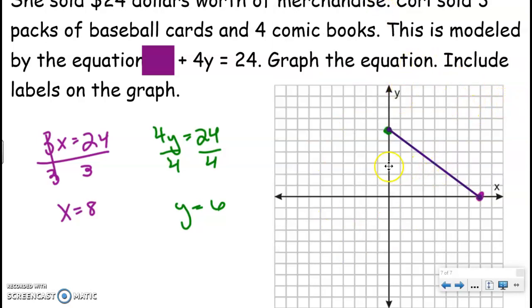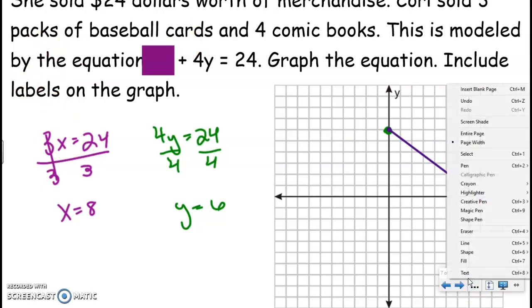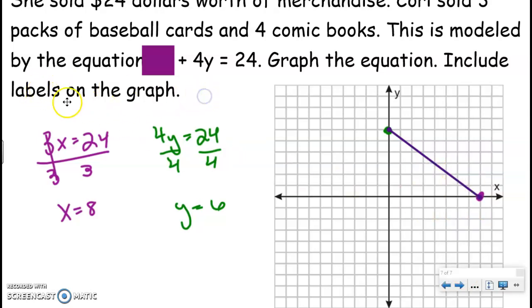Okay, now what we're labeling here is, if she sold 3 packs of baseball cards to make $24, that means the baseball cards were $8 each.